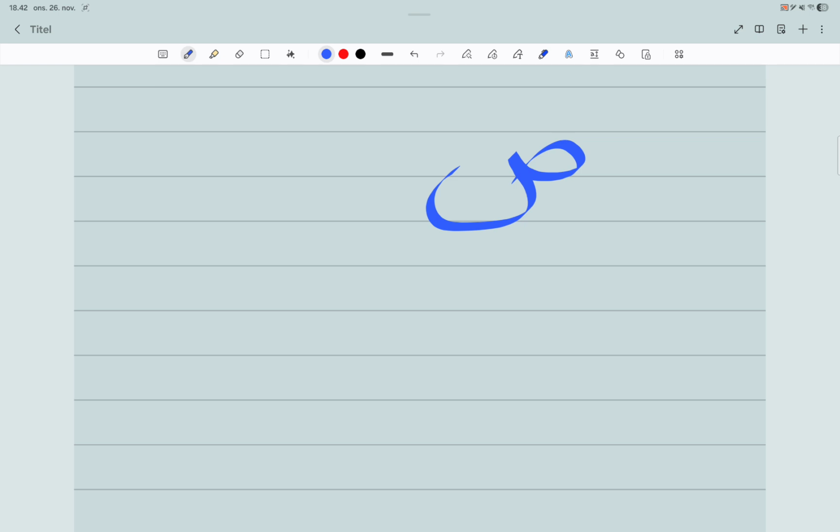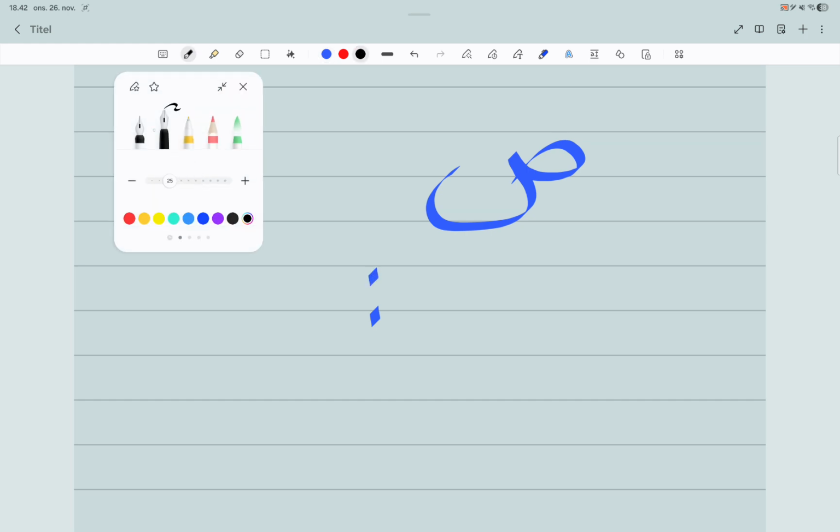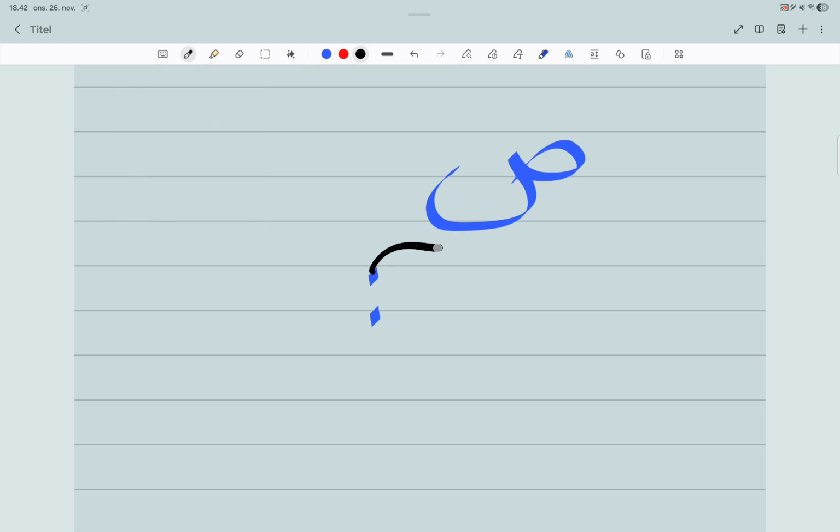So the first letter we have today is Sad. Sad is said while putting the tip of your tongue here and the middle of your tongue in the middle of your mouth.